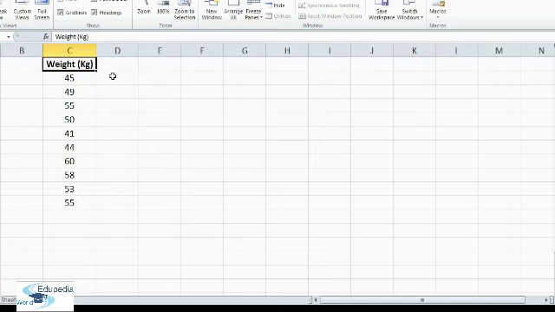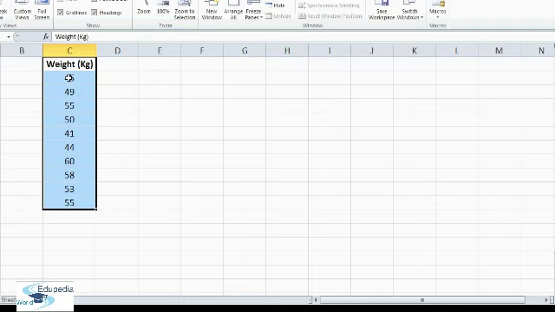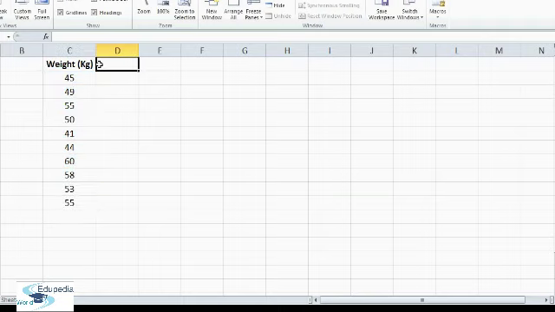Here we have the weights of 10 students of a class. These are individual data. Let's find out the standard deviation and the variance of this using first the first formula and then the second formula.